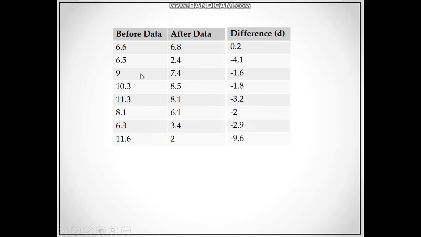So the null hypothesis in the paired t-test, this is an example of the paired t-test, is that the mean of the difference equals 0, which means that there was no improvement after the experiment at the population level.